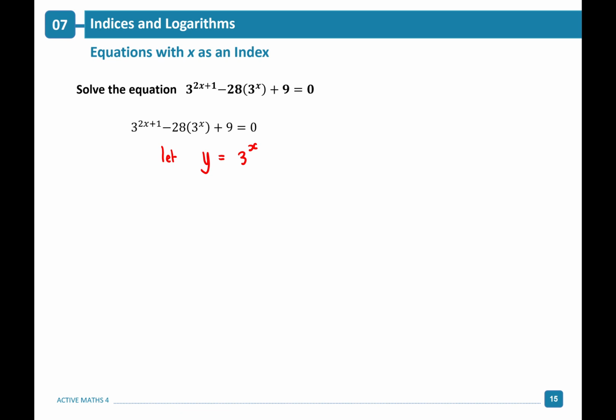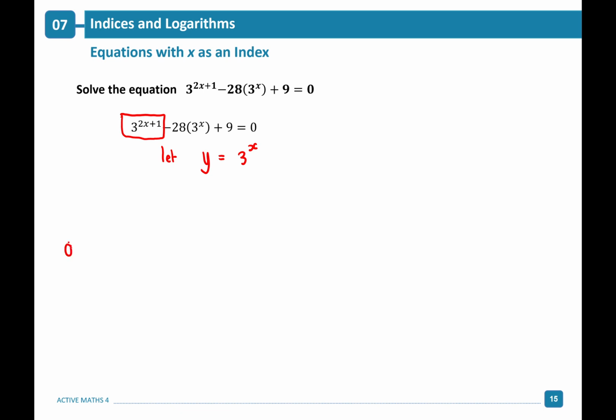So we're going to say y is equal to 3 to the power of x. Now, you're going to use your indices rules to write each term with 3 to the power of x in it. So here, we need to separate this term using our indices rules to write it in terms of 3 to the power of x. This time we have a plus sign.